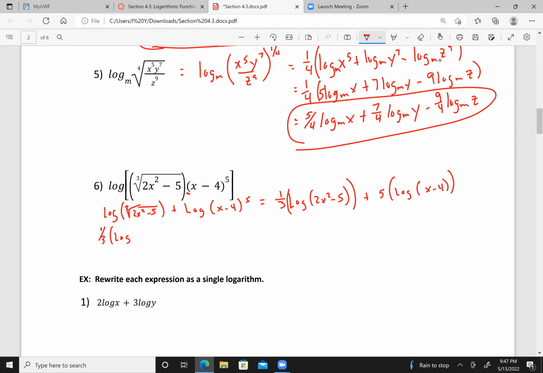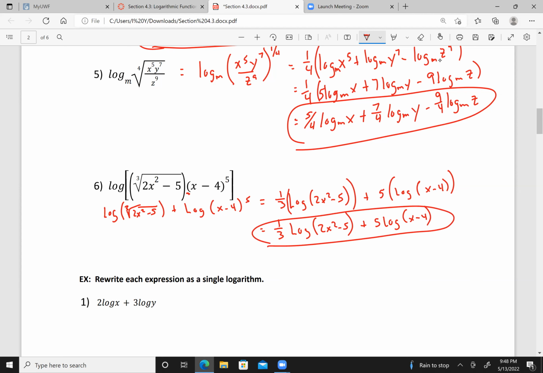So it's simply, this is it. 1/3 the log of 2x squared minus 5 plus 5 times the log of x minus 4. None of the rules apply. There's nothing further we can do. That is it.